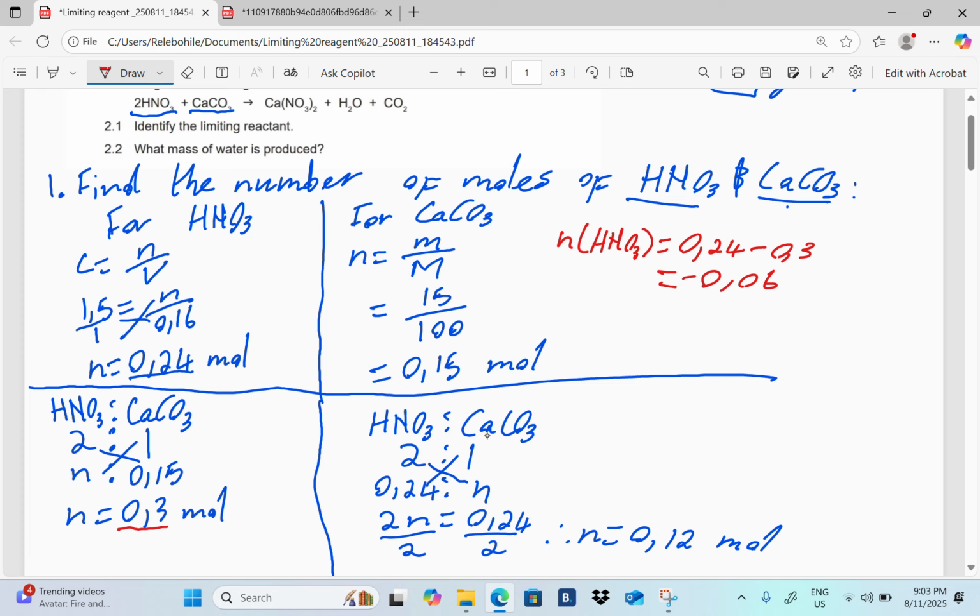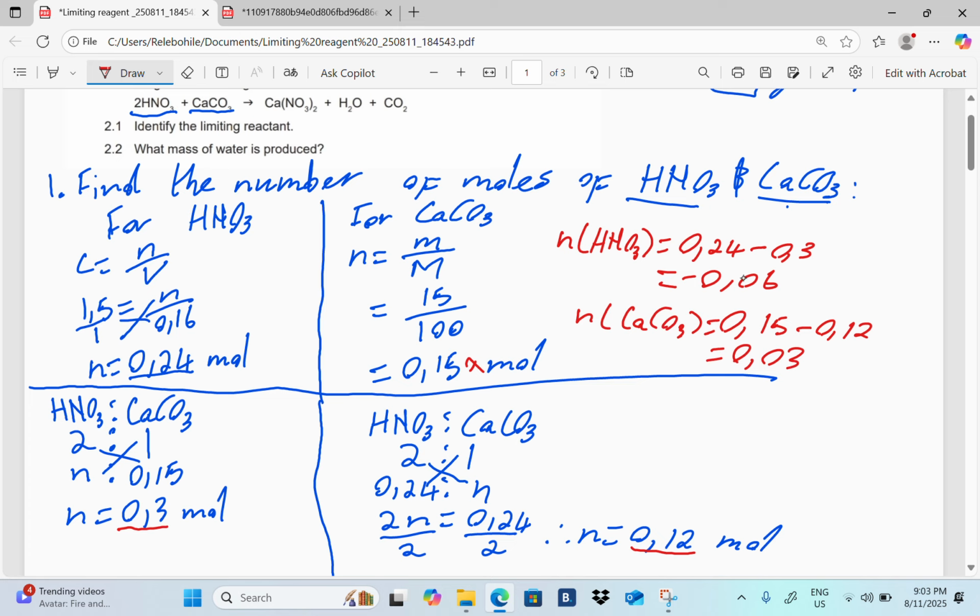Let's now look for the number of moles of this one by taking this value and subtracting it from this one here. So here I will say the number of moles of calcium carbonate is equal to 0.15 minus 0.12. So when I say 0.15 minus 0.12, the value I get is 0.03.